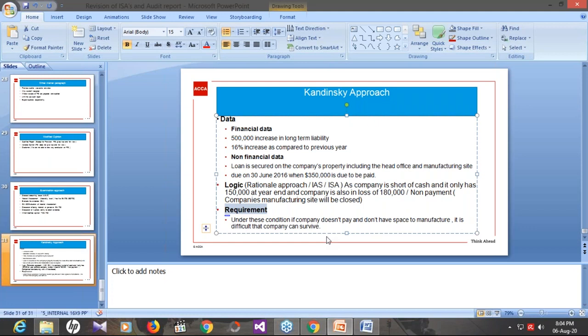This is a common sense point, that bank will close the area that is pledged, and will sell and will be paid by the sale of that head office and the manufacturing site. So company will not be left with any head office or manufacturing site. So ultimately company will close down, and there will be no going concern for the future. So this is how you are going to write every point. So this is very important.